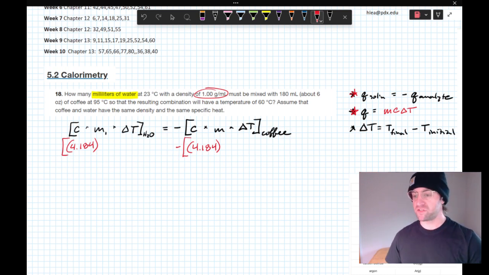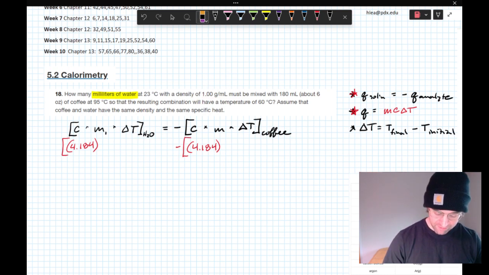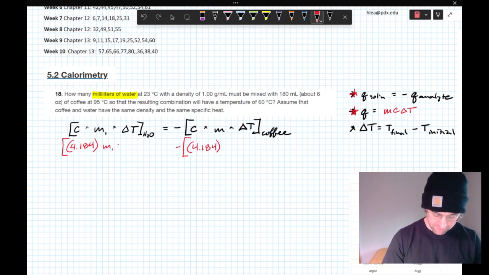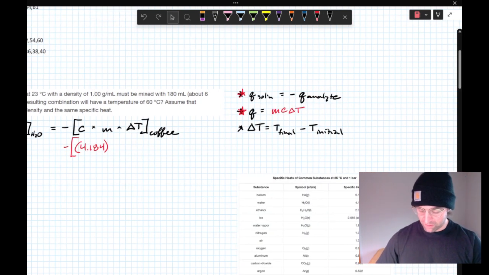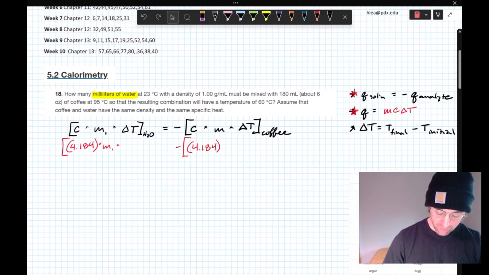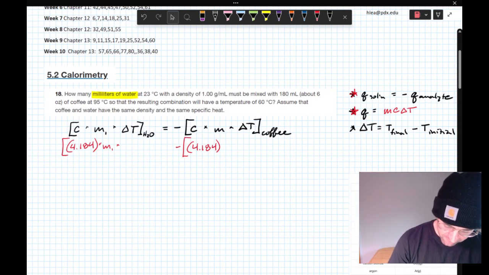We're asked how many milliliters of water we need. We know that this is functionally interchangeable with the mass. So this is what we're solving for. Mass of water is our variable. And then delta T. Delta T is your final temperature minus your initial temperature. We know that we're trying to get to a final temperature of 60 degrees.